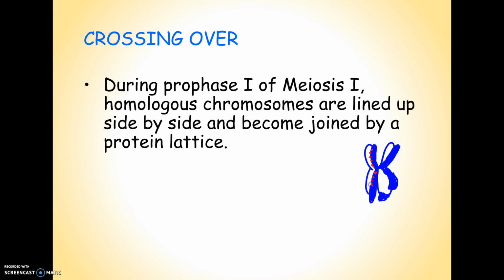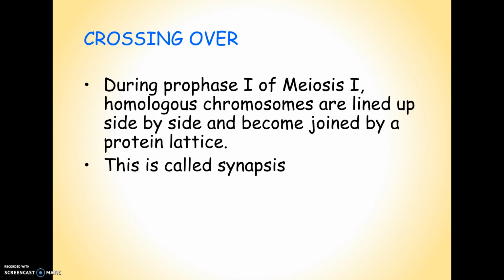So the two chromosomes are not just close to each other side by side, they're literally stuck together. And the name of that is synapsis. Now, what happens during synapsis is that little pieces of each chromosome will break off and switch places. And that's called crossing over.